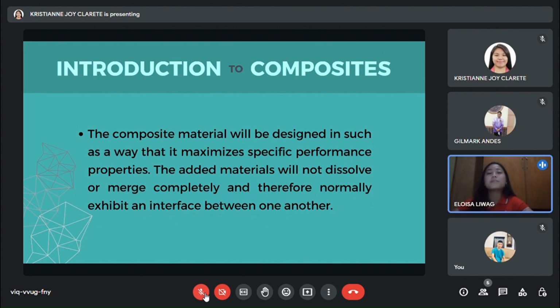So, syempre, i-design yung composite materials para makatulong or mapakinabangan natin sa ating lipunan. Kasi matrabaho ang ganito at may chemical involved sa work na ito. The composite can be strong and stiff. Pwede rin siyang maging lightweight because of two combining materials.